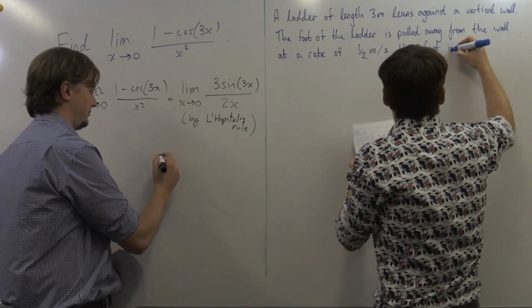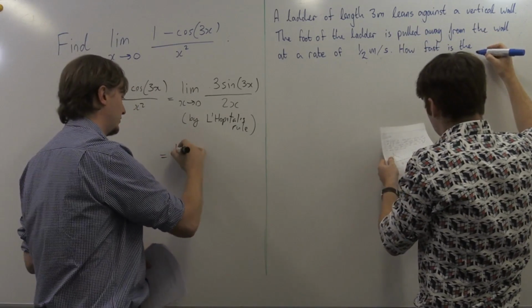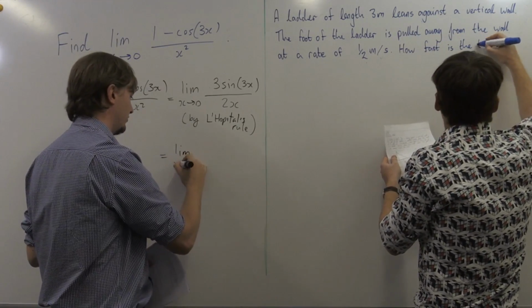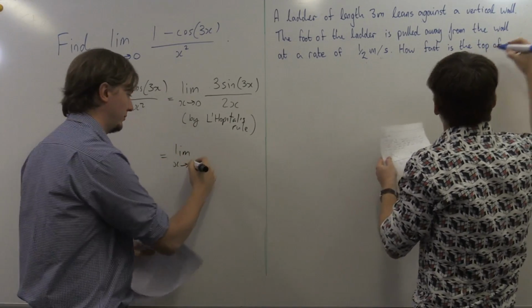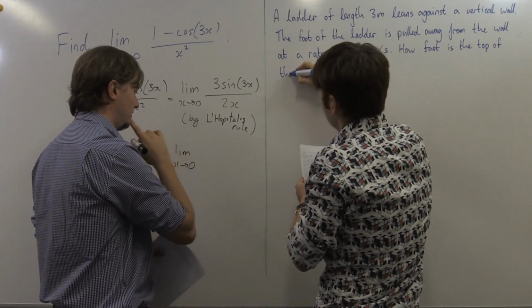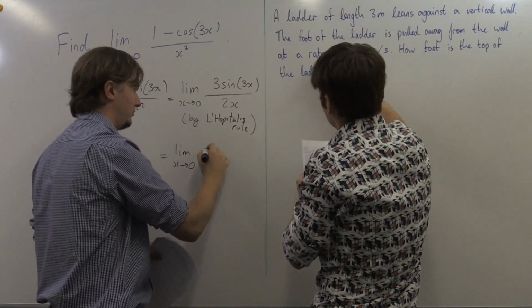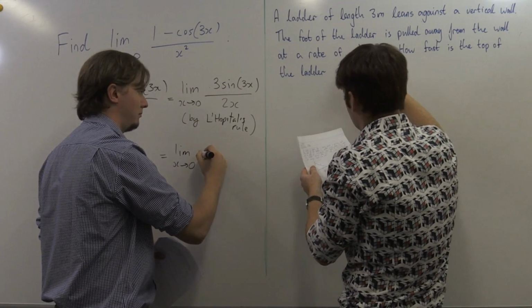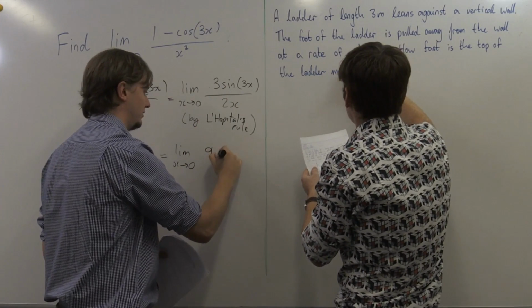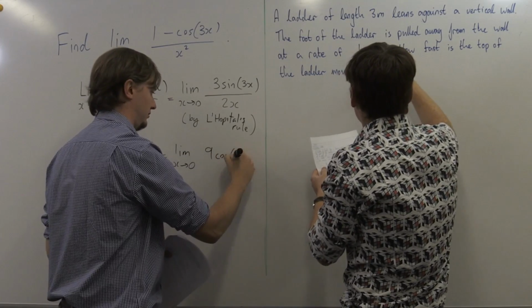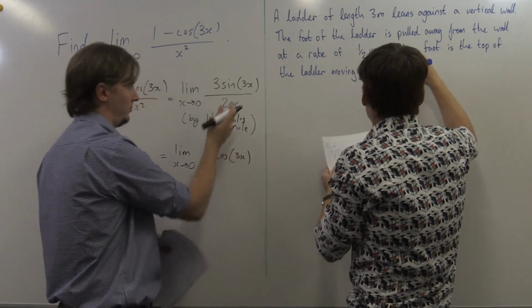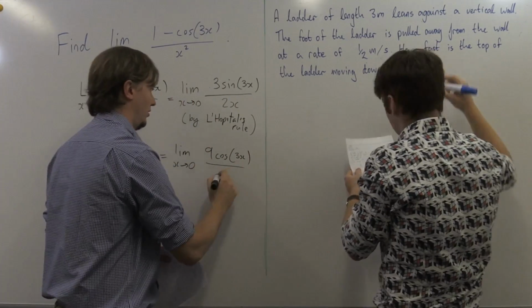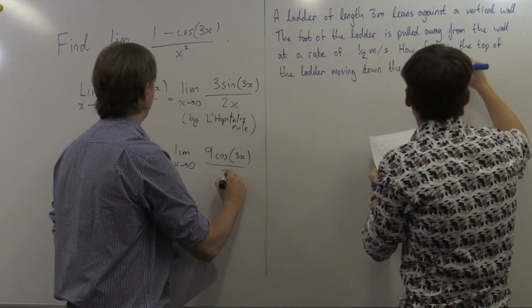So if it finally works, L'Hopital's rule is always dependent on whether or not the final limit does exist. But if it works, it'll be a derivative of this, which is 9 cos 3x, so 3 times 3, over 2.